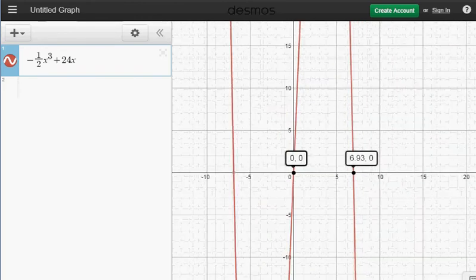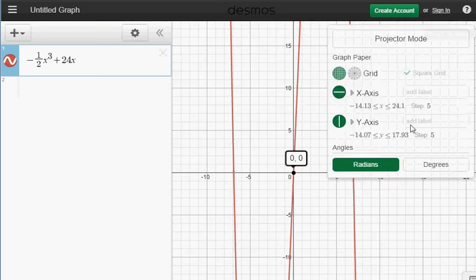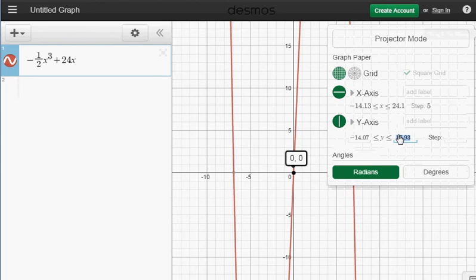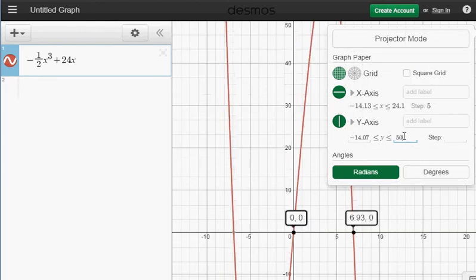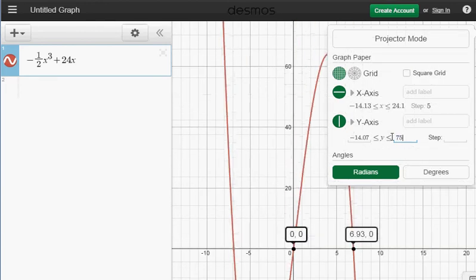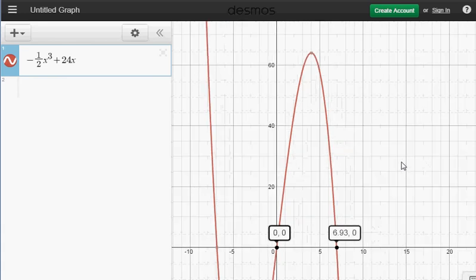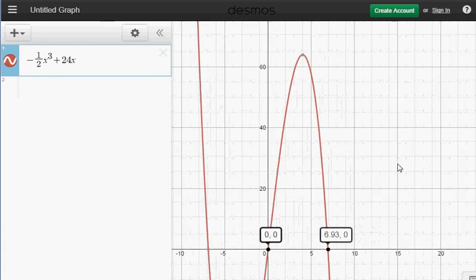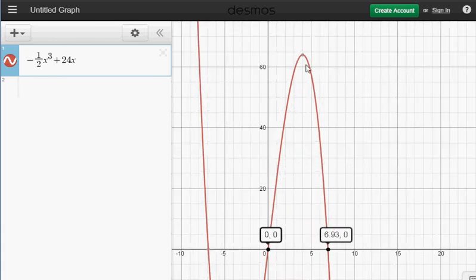Okay. So what I'm going to do is change the settings here. I'm going to make the y-axis much taller because our graph is going off the top of the window. And so now I've selected a window that shows me the maximum. And the maximum here is 4.